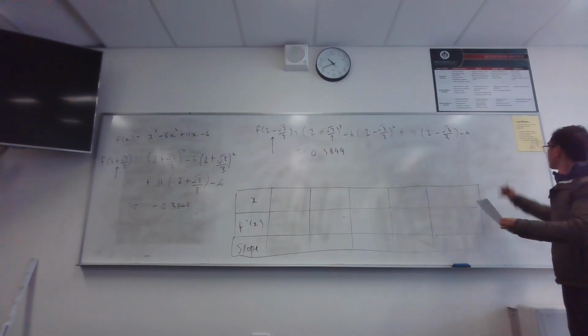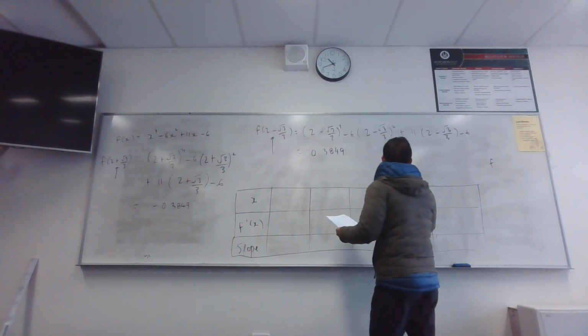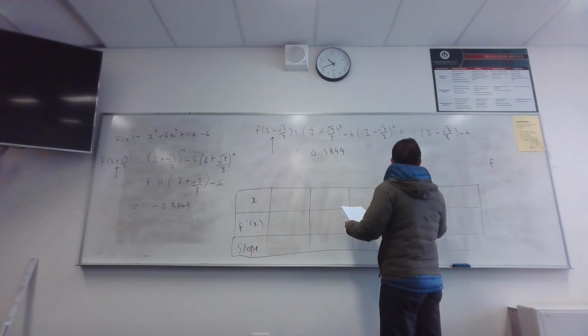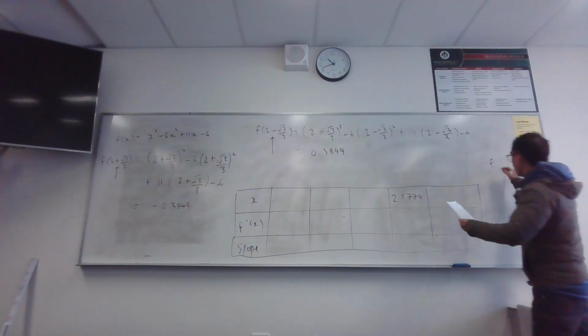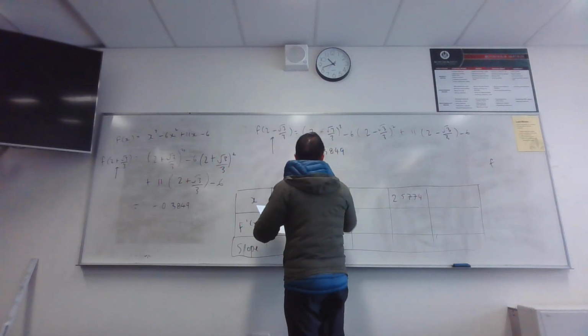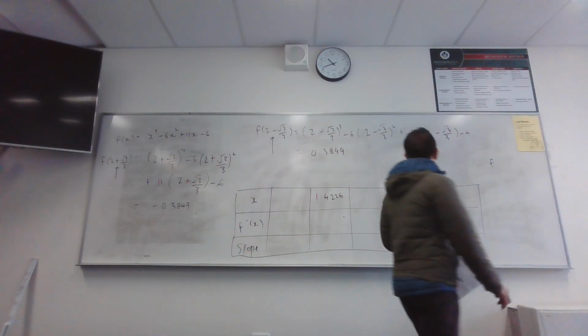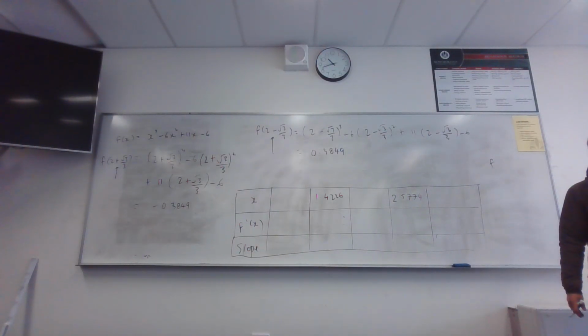The plus is 2.57735. Thank you. Can round that up. And then the minus is 1.42264971. Thank you. Just a rough idea. Okay.